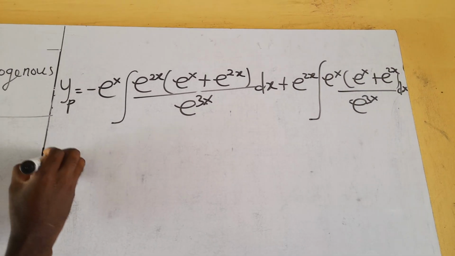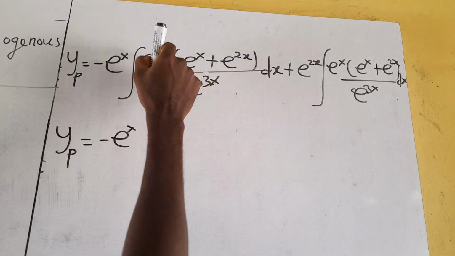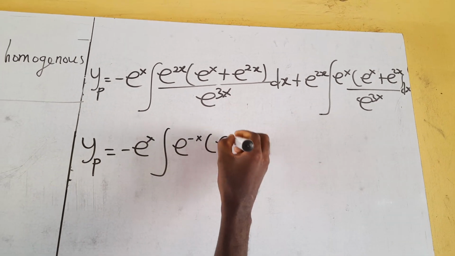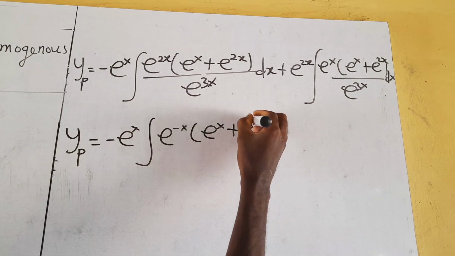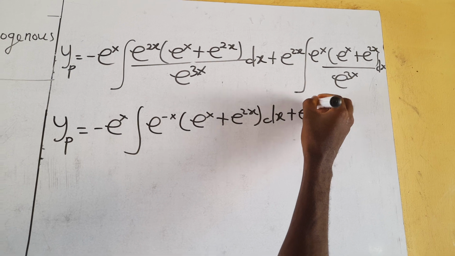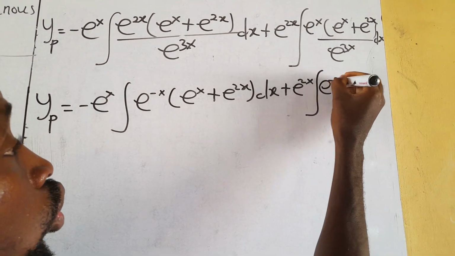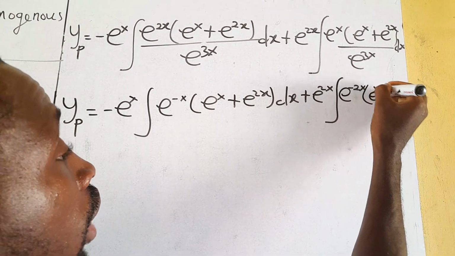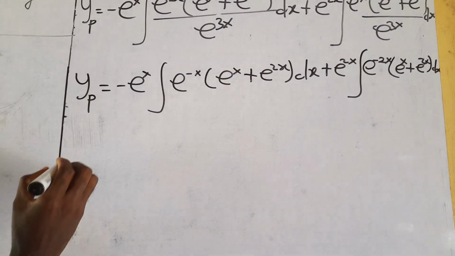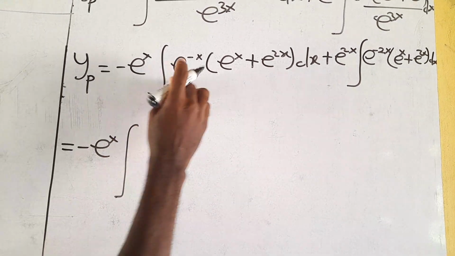So when we solve further, we get y p to be equal to negative e exponent x. When we divide this by that, we get e exponent negative x times the bracket e exponent x plus e exponent 2x dx, plus e exponent 2x the integral. When we divide this by this, we get e exponent negative 2x times e exponent x plus e exponent 2x dx. I hope you get that. So this will be equal to negative e exponent x, the integral. Now we expand.